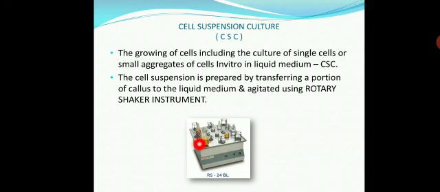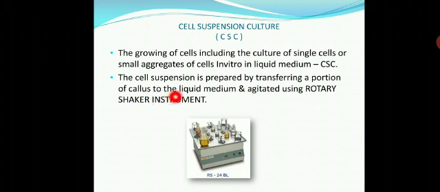The single cell or small aggregate is agitated or shaken with one another. With that shaking, the cell suspension culture can develop or form a callus in a liquid medium, that is called a cell suspension culture.